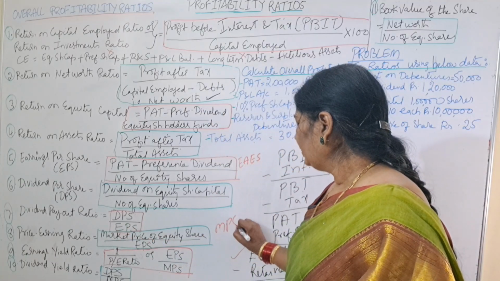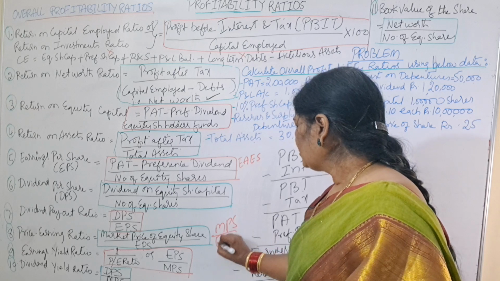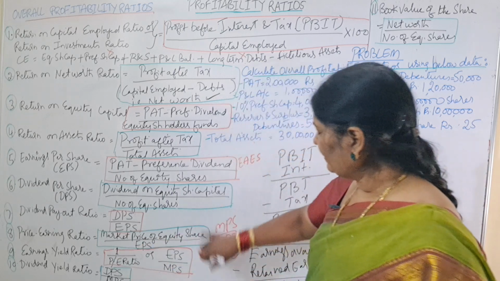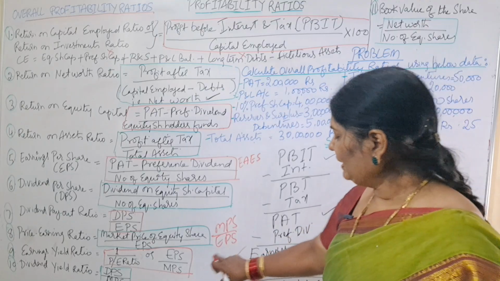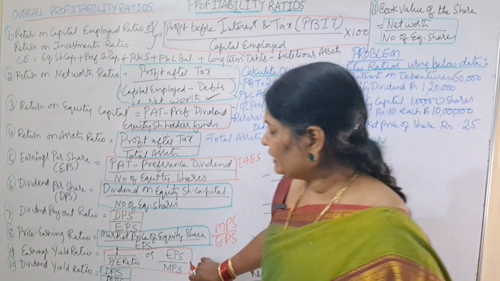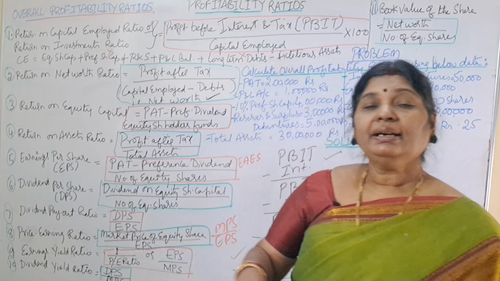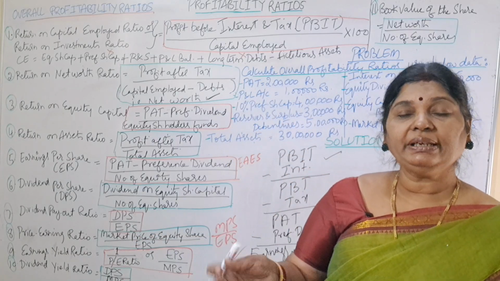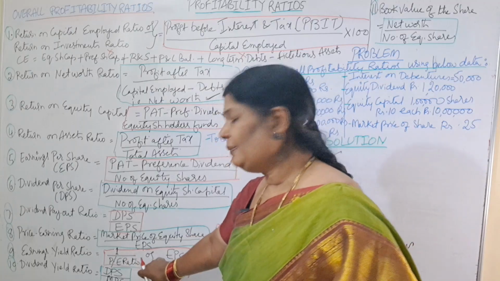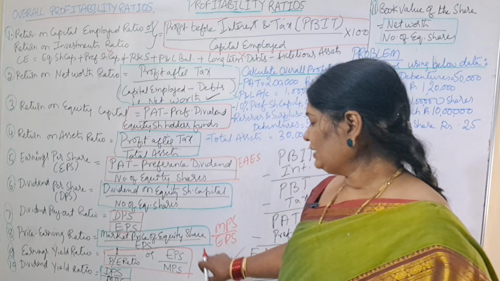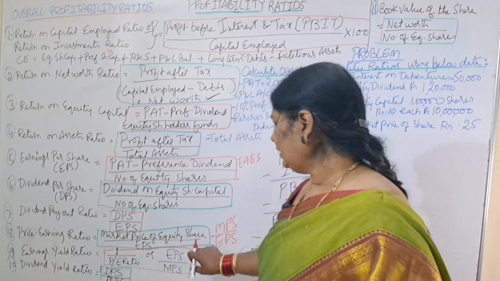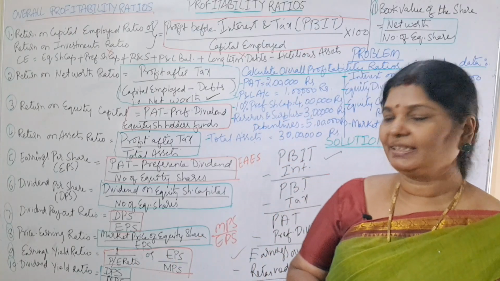MPS by EPS, right? So for earnings yield ratio, just reverse this. EPS by MPS. So here you can understand their earnings yield on that particular share. This formula we can also show as 1 by PE ratio. Based on the available data, we can use either 1 by PE ratio or EPS by MPS.